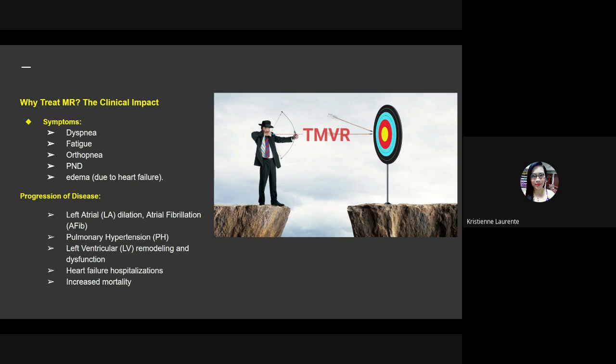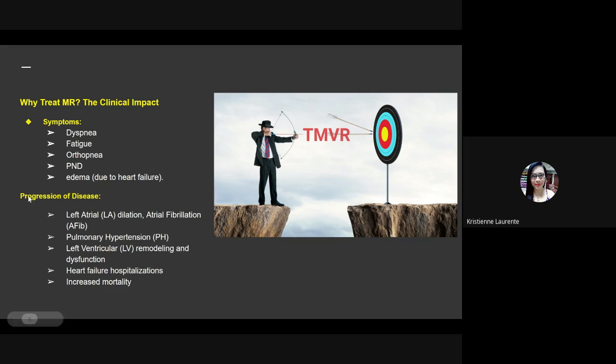Progression of disease is that left atrial dilation, atrial fibrillation, pulmonary hypertension, left ventricular or the LV remodeling dysfunction, and heart failure, which leads to hospitalizations and increased mortality rate.